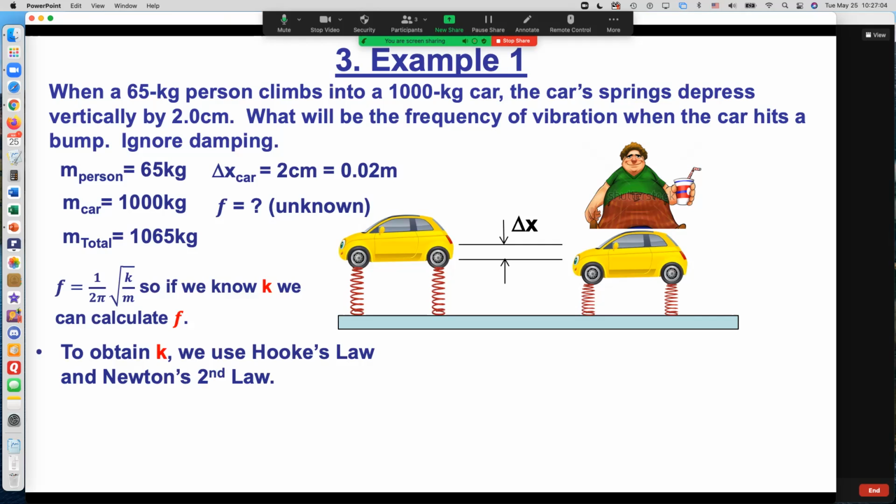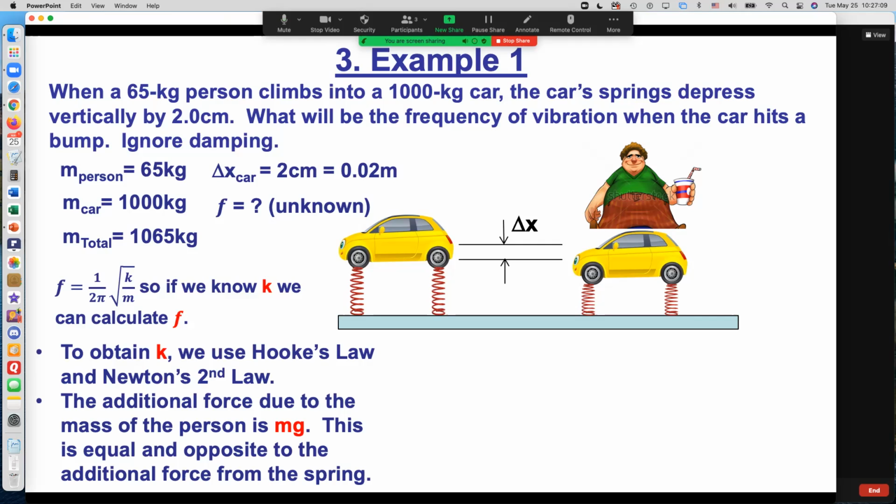So to obtain k, we use Hooke's law and Newton's second law. The additional force due to the mass of the person is mg. This is equal and opposite to the additional force from the spring.